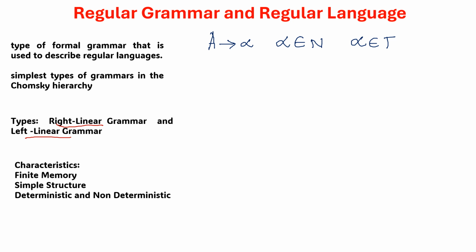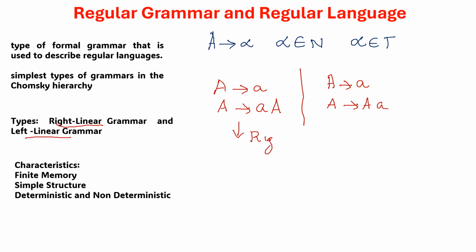We have a grammar like this: A tends to a small letter or A tends to a A. And A tends to a small letter or A tends to A a. So this is called right linear, and this is called left linear.